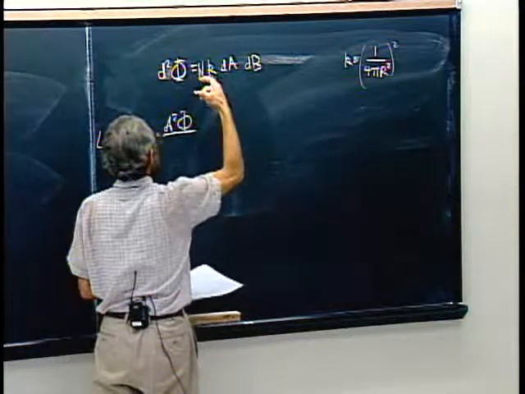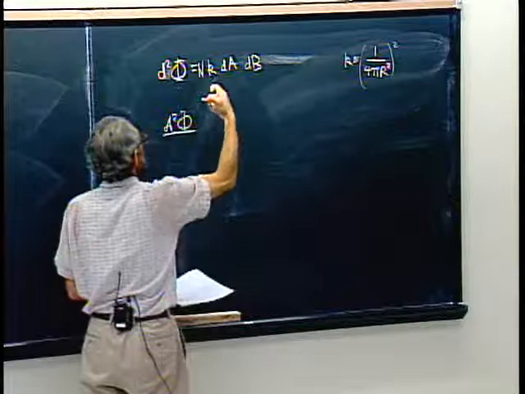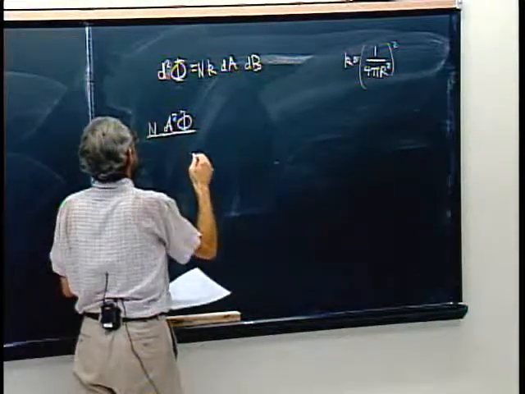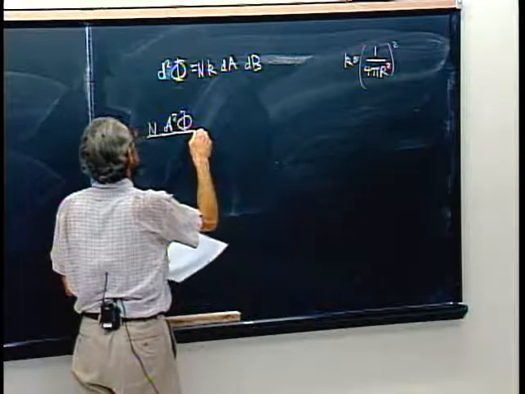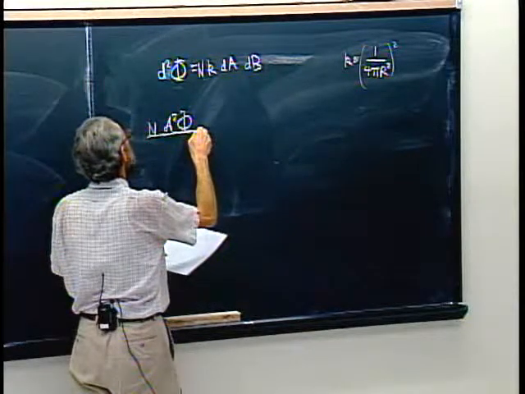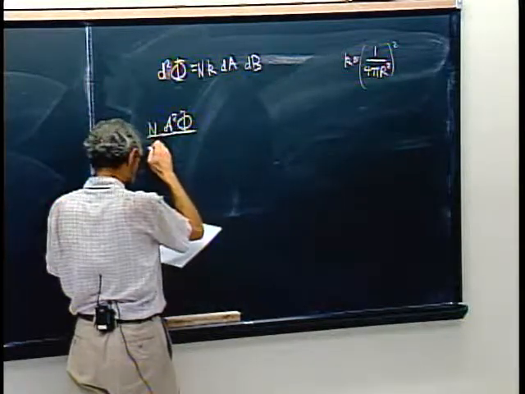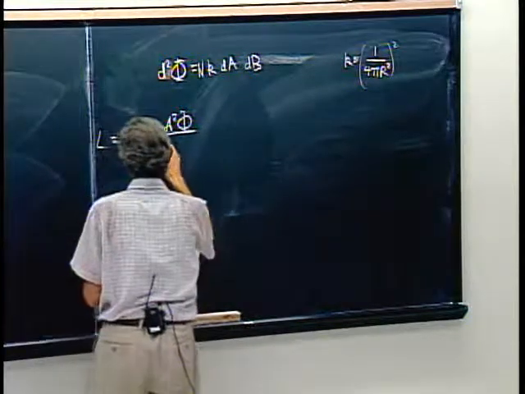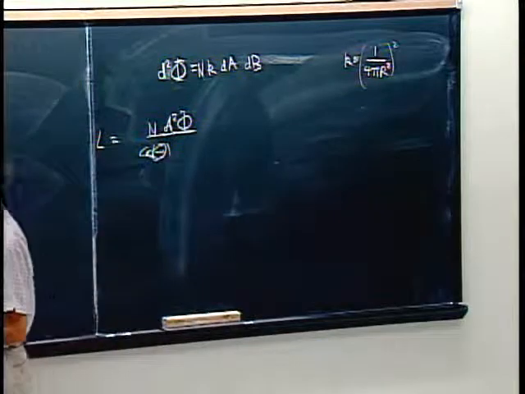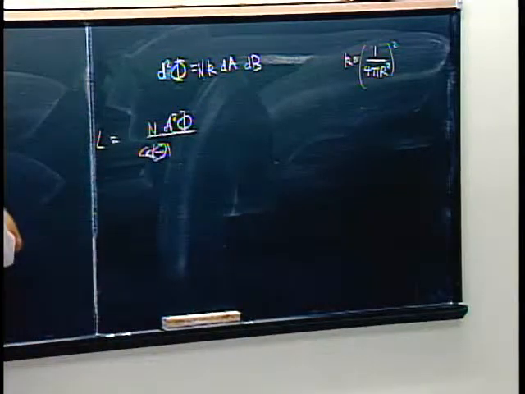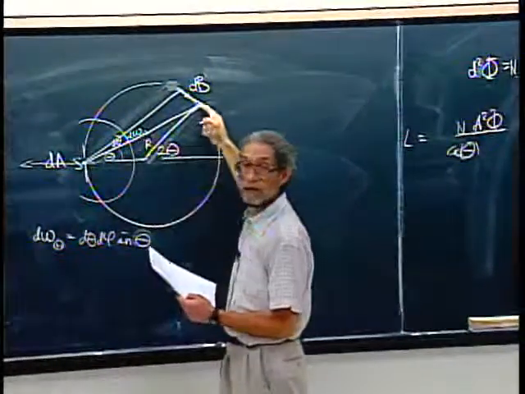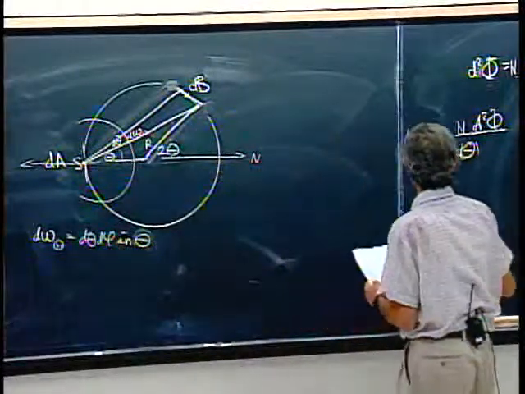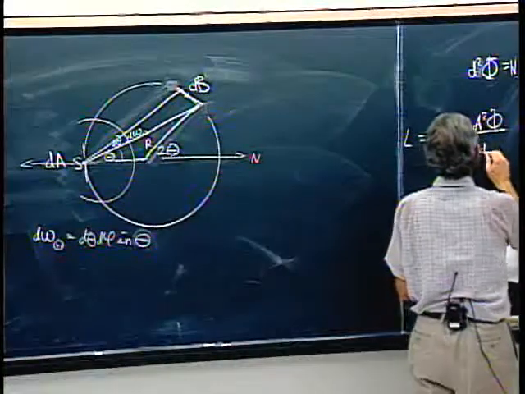Really, if you think of this as a number of lines, then this thing is going to be the number of lines d squared phi over cosine theta, because theta is the angle between the normal to the surface and this ray, and that's the foreshortening factor per unit area normal to the beam.